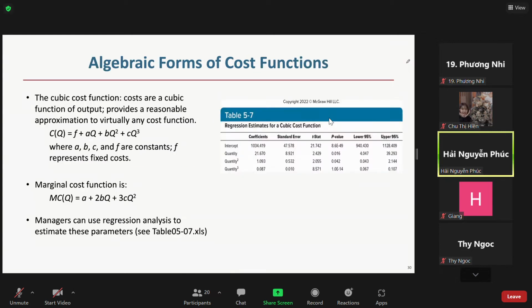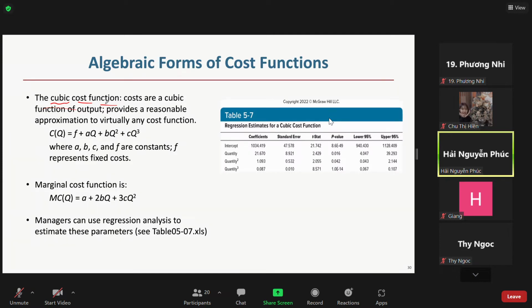Here we have algebraic forms for the cost function. In general, economists often use the cubic cost function, because we believe that the cubic cost function can give us a good illustration of the behavior of the cost of production.